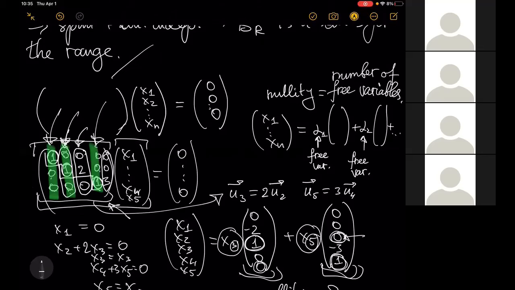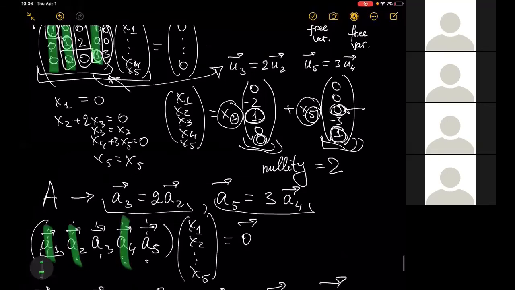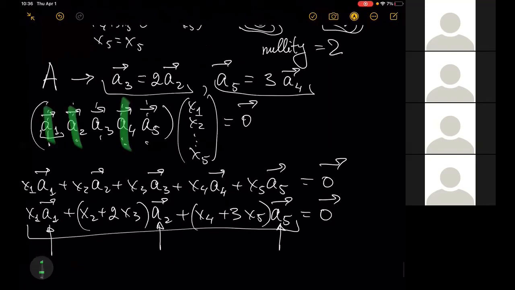Because relations between columns stay the same, it means that the original A1, A2, and A4, exactly like here, were also linearly independent, and the others are linearly dependent. So now I'm showing that my range is spanned by linearly independent columns. So span and linear independence means that these columns form a basis for the range, right?